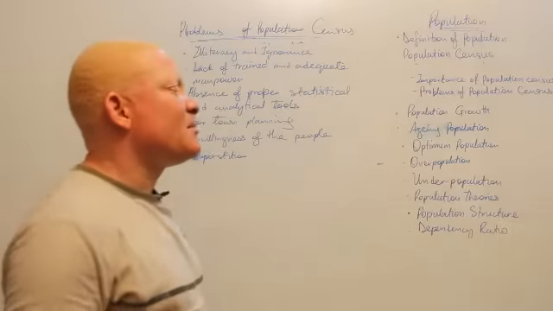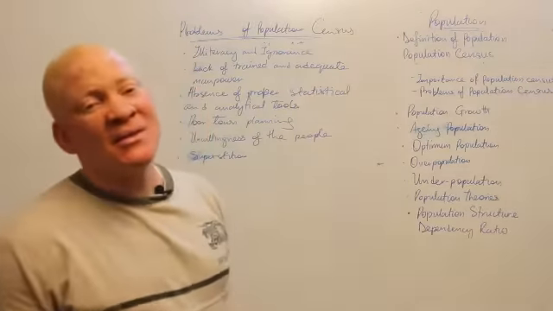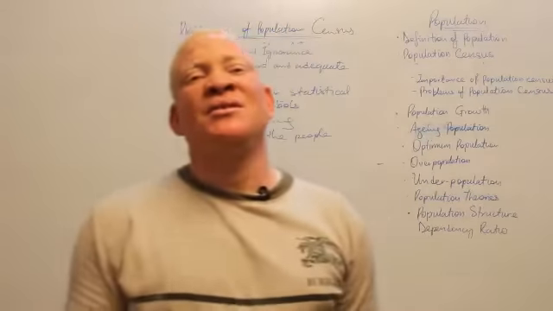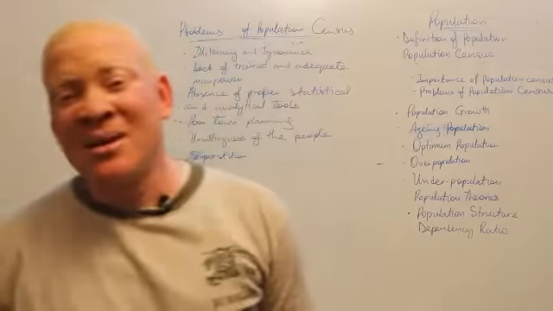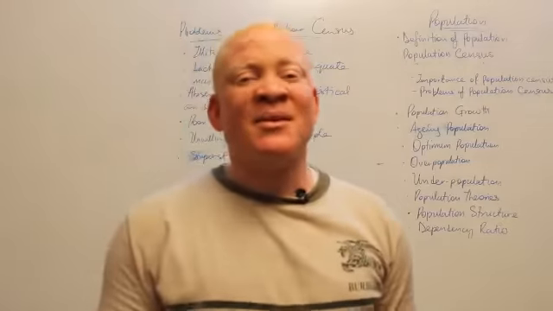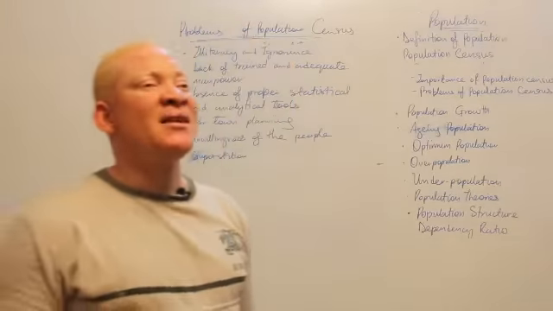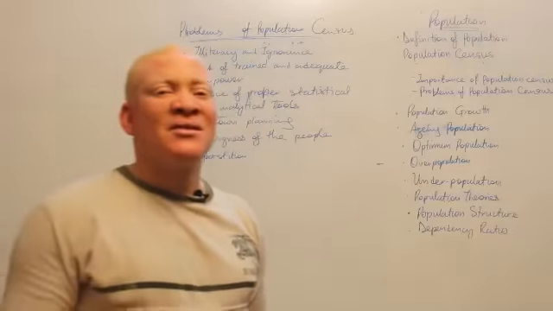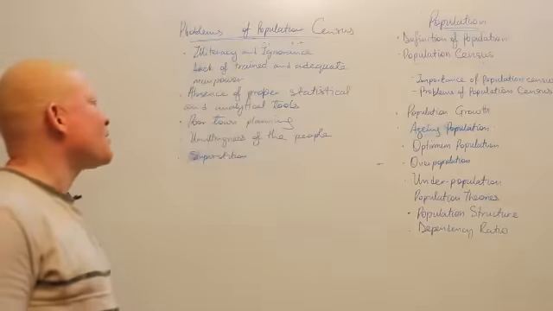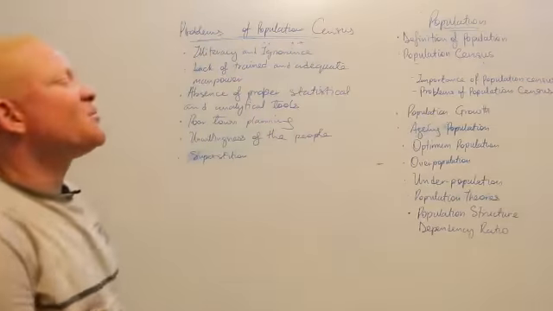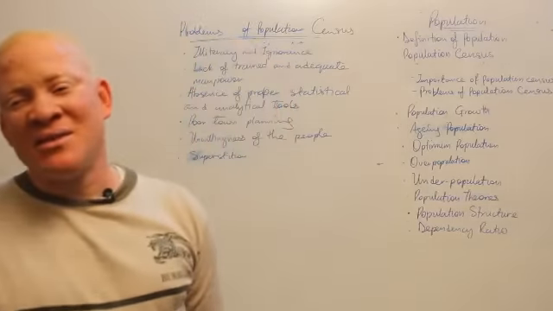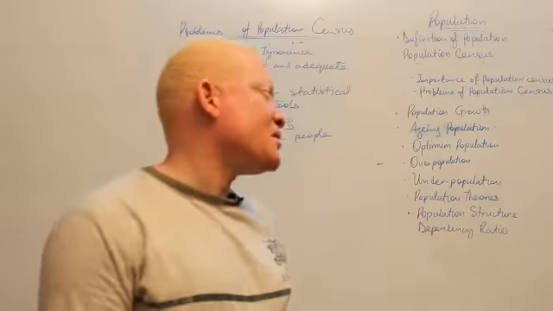Poor town planning means there are certain places that are impossible to reach because of the poor town planning system. For instance, some places within the riverine areas, not everybody is encouraged to get into such places. Then the other one, unwillingness of the people to be enumerated because of their level of illiteracy, while the last one is superstition.